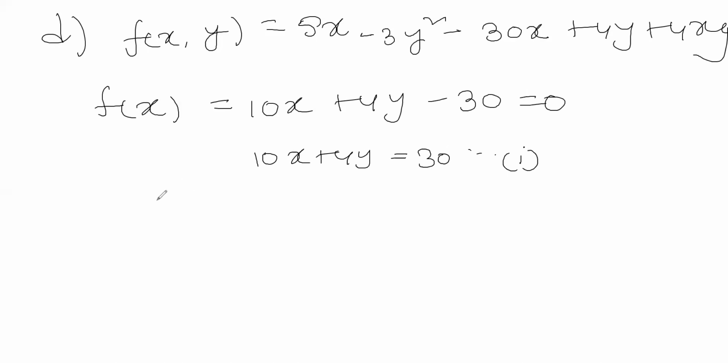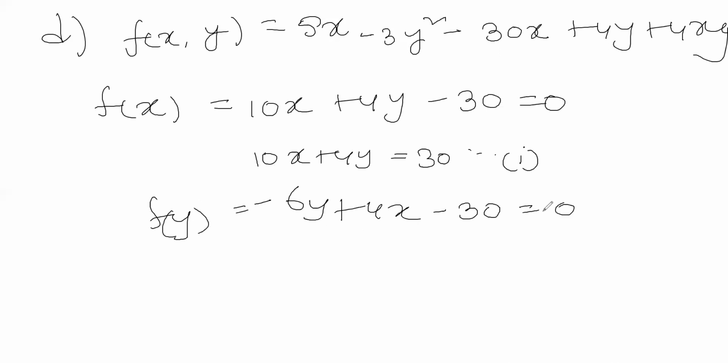Then we get f of y, which is minus 6y plus 4x minus 30, equal to 0, or minus 6y plus 4x is equal to 30. This is equation number 2.